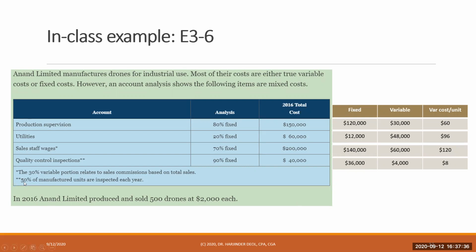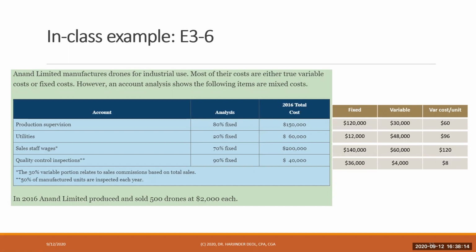You will need to take half of 500 drones, so 250 drones, and divide the $4,000 of variable cost by 250 drones. In that case, your variable cost per unit inspected will be $8 times 2, $16. For our purposes, we're happy calculating $8 per unit produced, because whatever the number of units produced, half of them get inspected. So that relationship is not going to change.